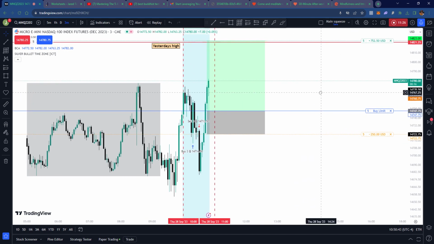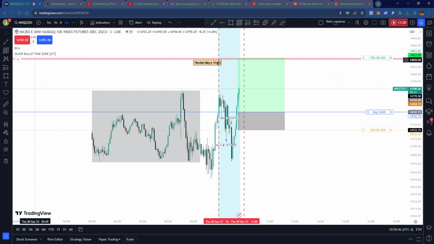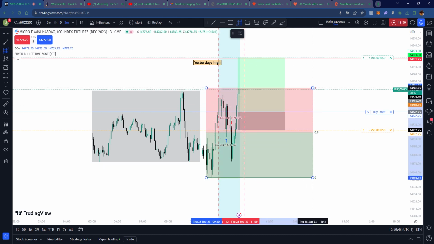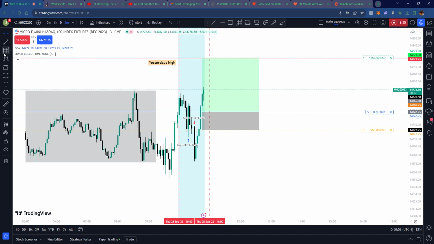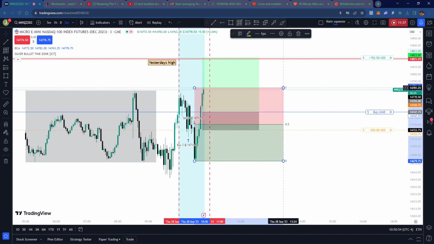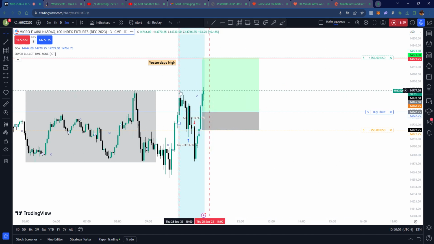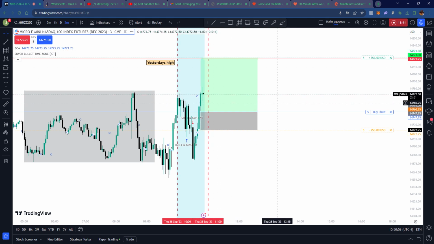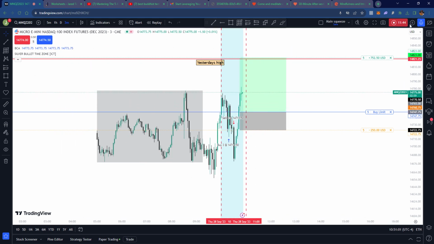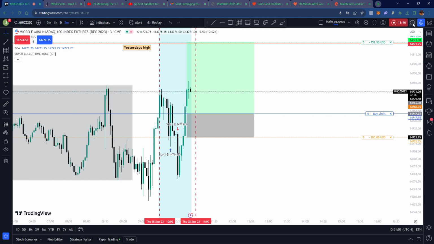But yeah, I like this entry right here. I do like this entry. It is in premium. From right here to right there, still premium. But I would like this bounce up. Okay, so I'm pausing right now.